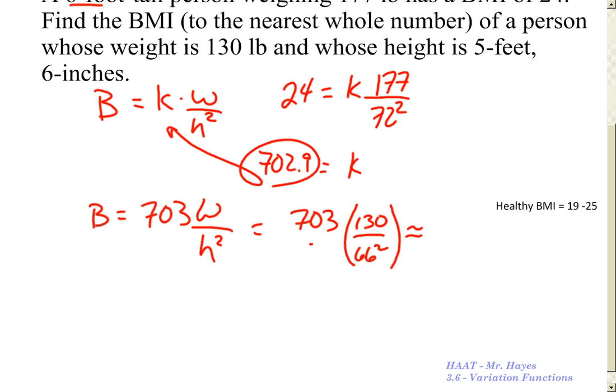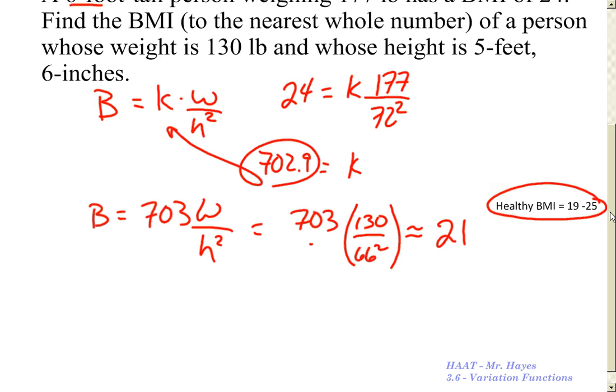Has anybody beaten my plugging in yet? It's going to be equal to a body mass index of 21. And as you can see over here, just for curiosity's sake, a healthy BMI is considered 19 to 25. Just because I'm going to guess some of you may want to know. So that's how you do that.